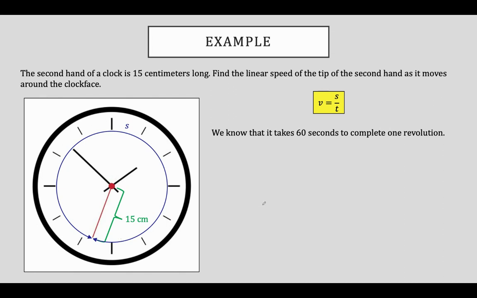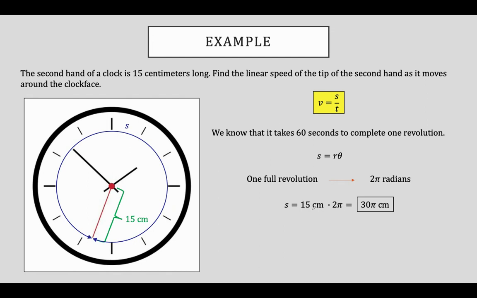Arc length s is equal to r, the radius of the arc, times the angle which we rotate through. As we have said before, one full revolution is 2 pi radians. So s is equal to 15 centimeters, r, times 2 pi, our angle theta of one complete revolution. That gives us 30 pi centimeters.